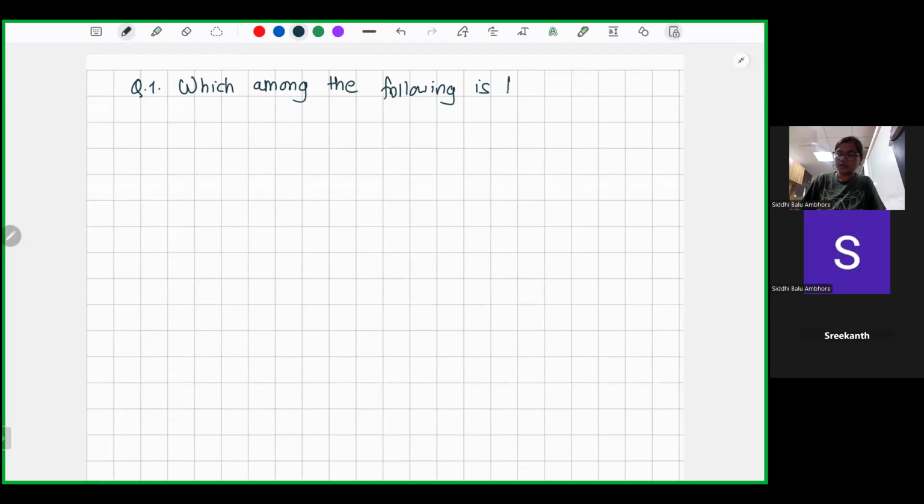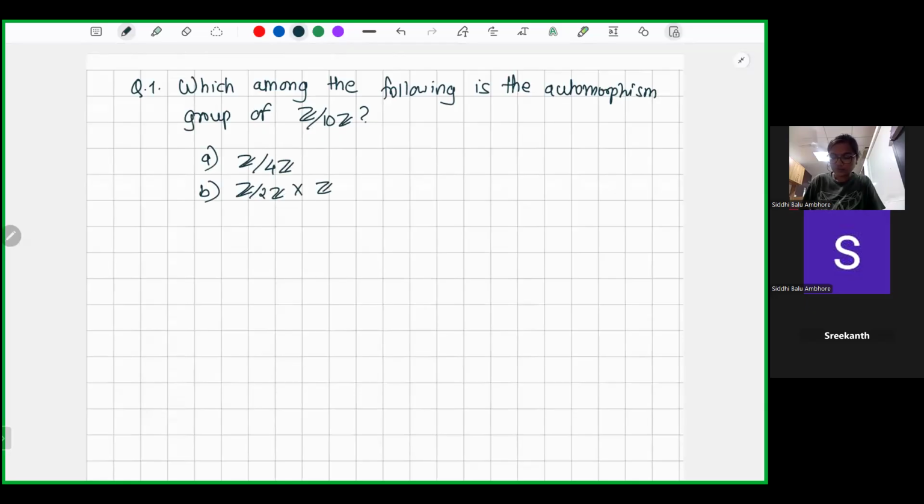Which among the following is the automorphism group of Z10? And the options are Z4, Z2 cross Z2, Z10, and Z5 cross Z2.